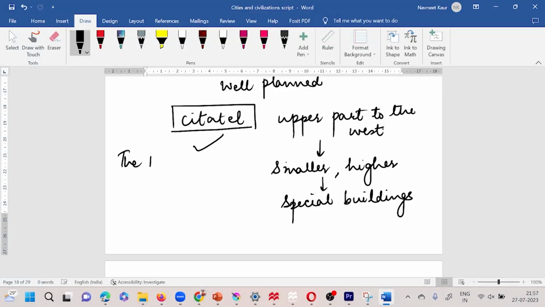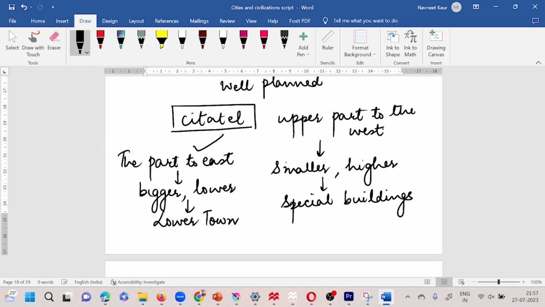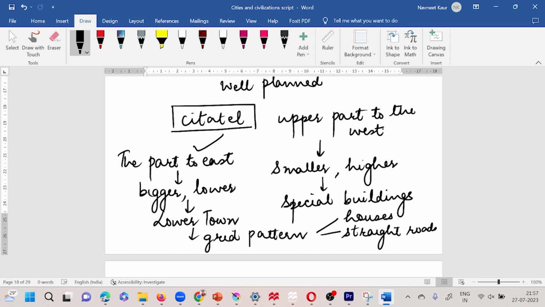The part to the east was bigger and lower, and this was called the lower town. This lower town was laid in a grid pattern, and it had houses, straight roads, and a proper sanitation system.